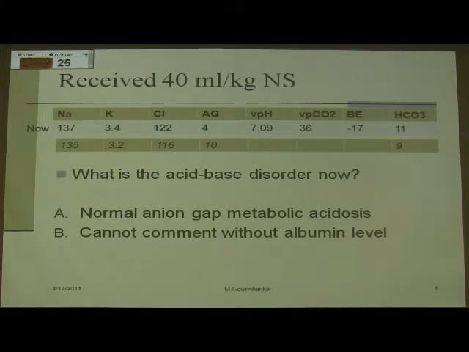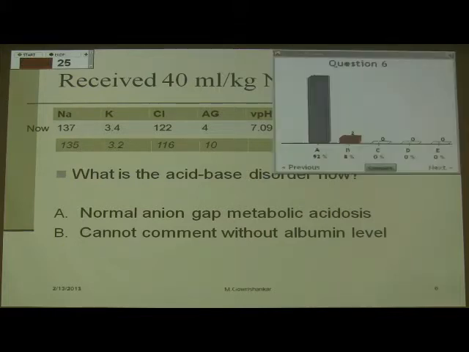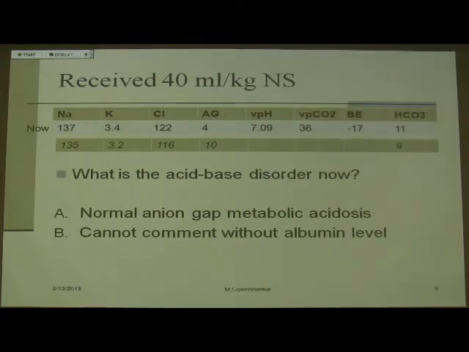Okay, so it's still normal anion gap metabolic acidosis, and about 8% of you chose that you cannot comment without an albumin level. So that's, again, interesting.